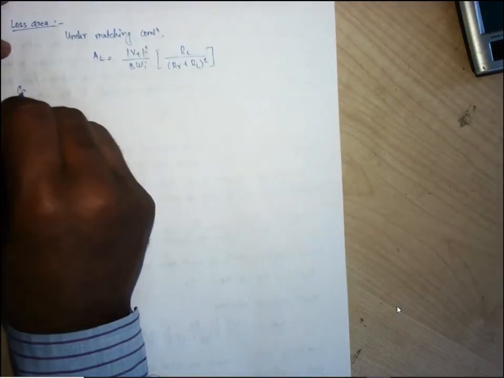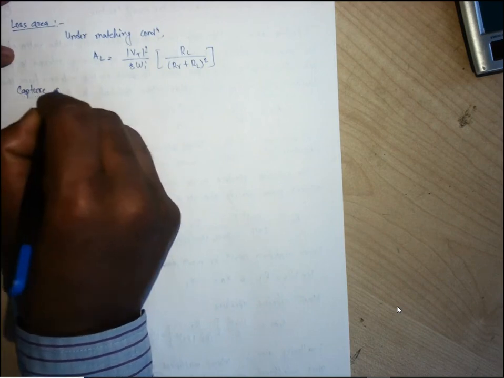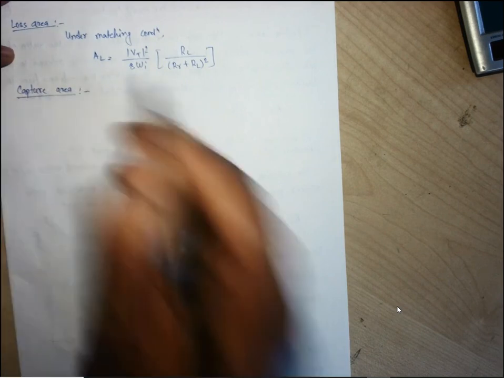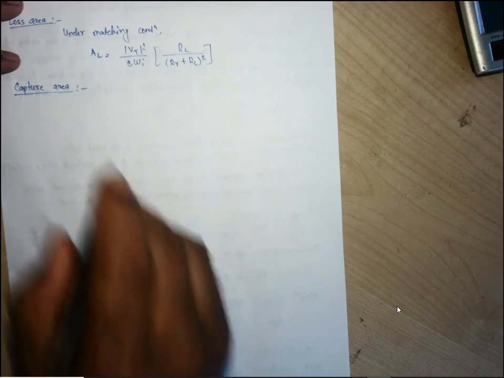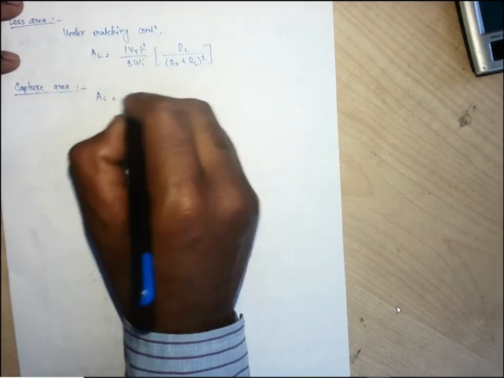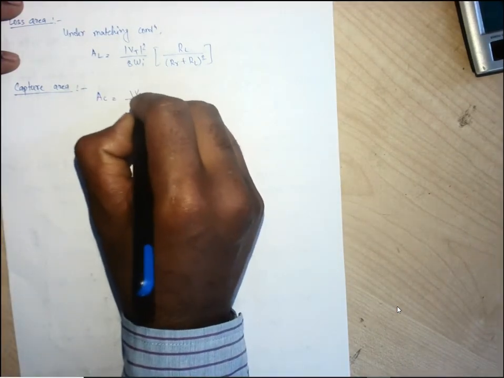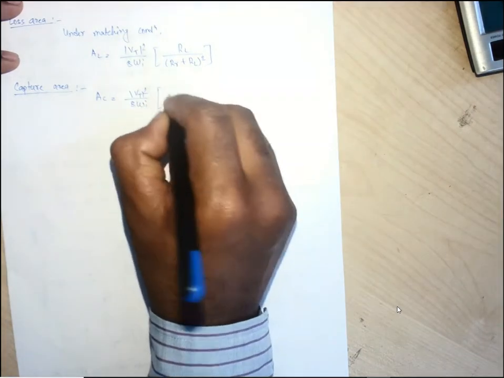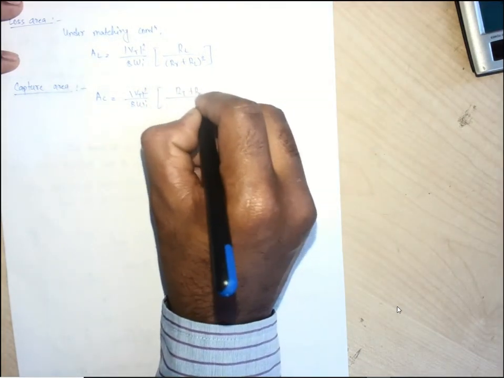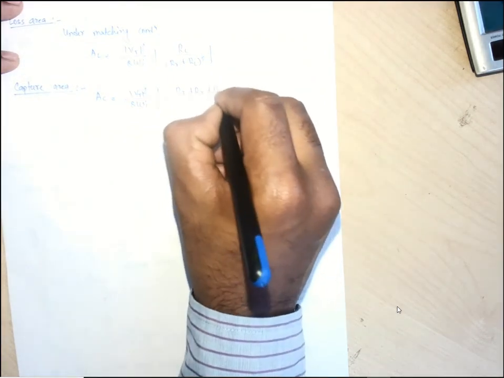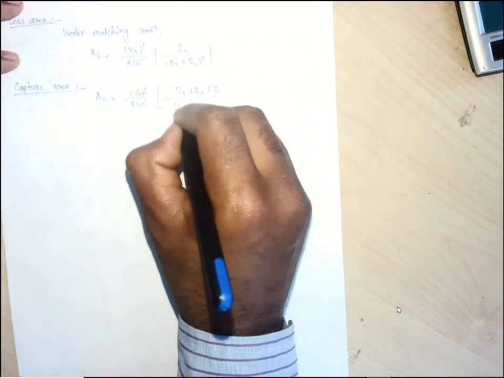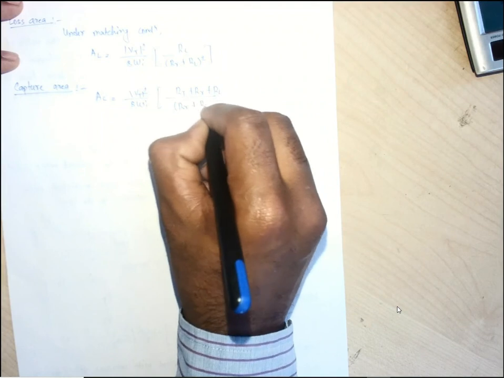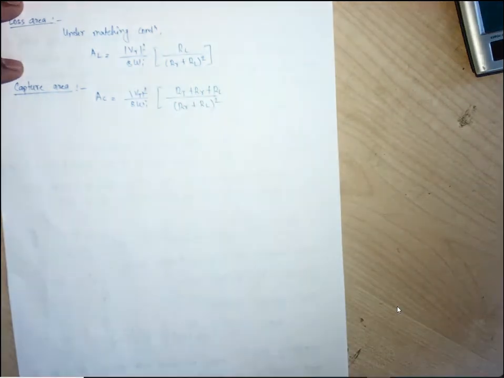That is known as the capture area. So AC is equal to Vt square by 8 Wi, times RT plus RR plus RL, over RL plus RR whole square.